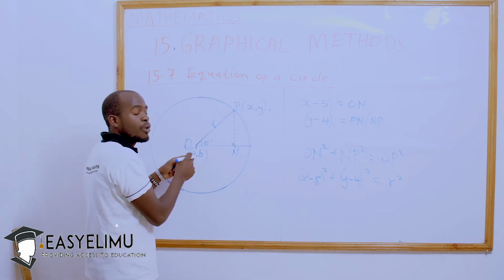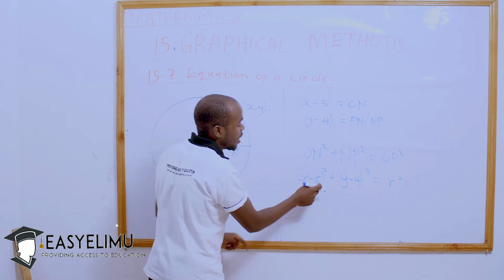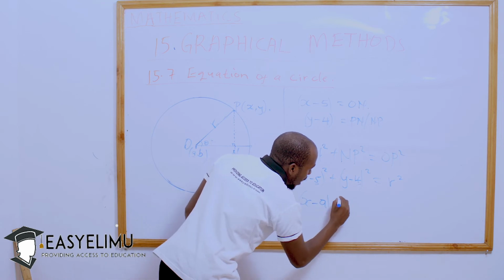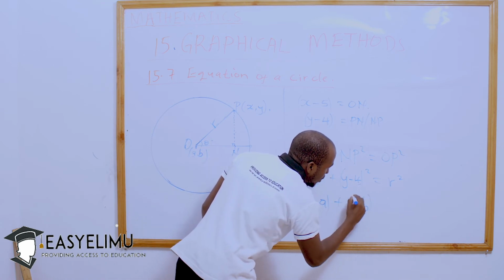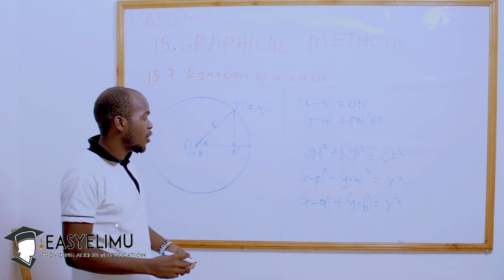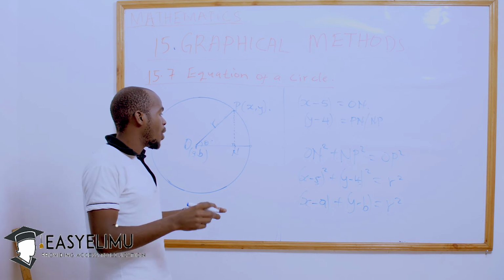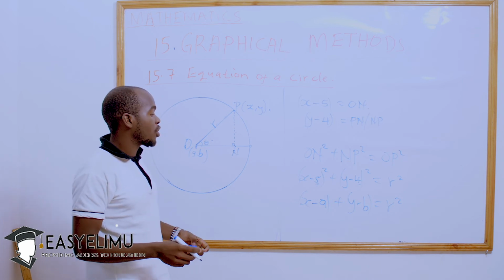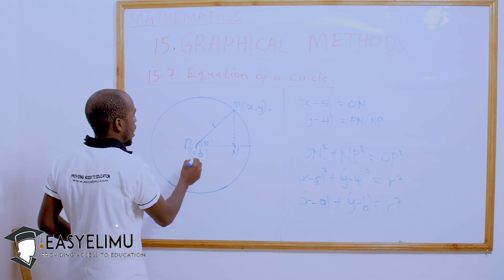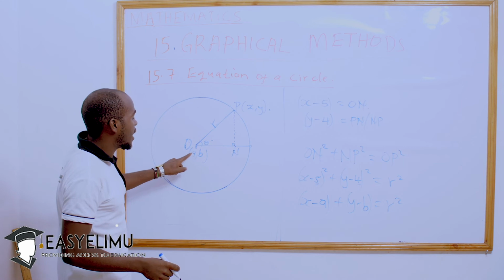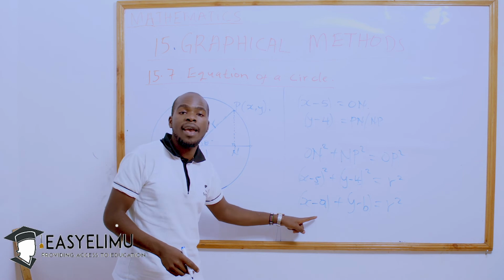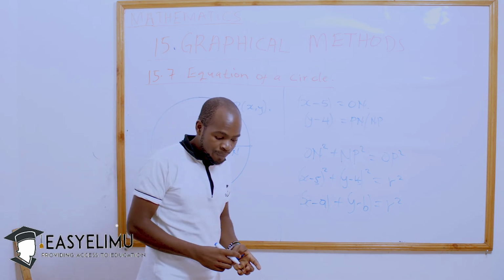So if A is positive, we subtract: (x minus A) squared plus (y minus B) squared is equal to r squared. This is the general equation of a circle where the center is not the origin 0, 0. If the values are negative, you will find this sign will change to positive because you substitute with the sign.